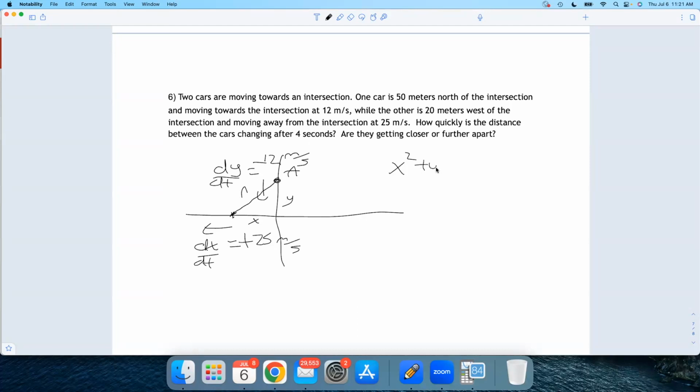X squared plus Y squared equals R squared. There's a relationship between my variables. This is a related rates problem. You're always going to draw a picture and find a relationship between your variables. Then take the derivative of everything with respect to time. It's almost always with respect to time. Take derivative with respect to time of both sides of everything.